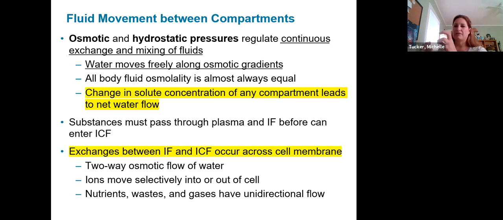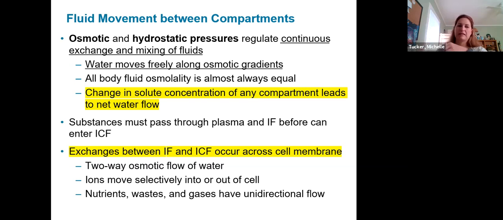In the plasma, we have albumin, a plasma protein, and it pulls water into the plasma. In the cell, we have a lot of proteins. We have ribosomes, we have protein products, we've got proteins inserted here, there, in everywhere. And so those proteins are going to pull to keep water in the cell.